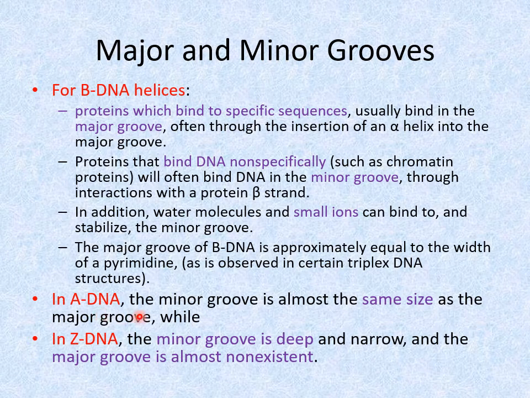In case of A-DNA, the size of the two grooves is more or less the same. It is a stretched DNA. While in case of Z-DNA, the minor groove is very deep and narrow, while one cannot easily distinguish the presence of a major groove. It is almost non-existent.